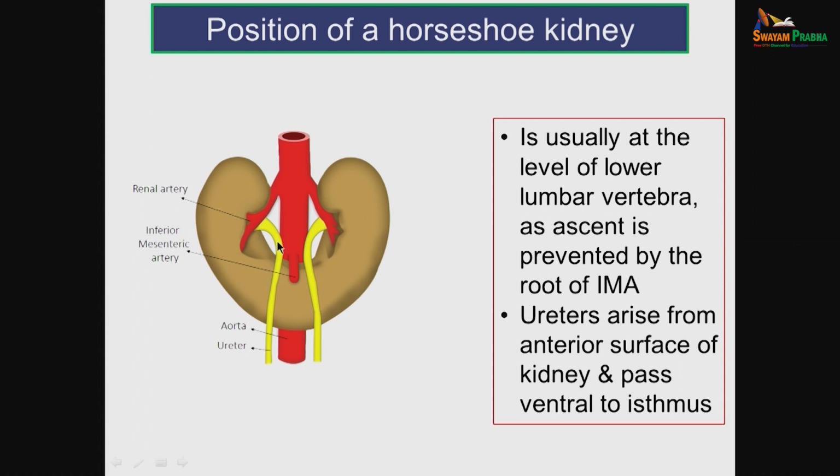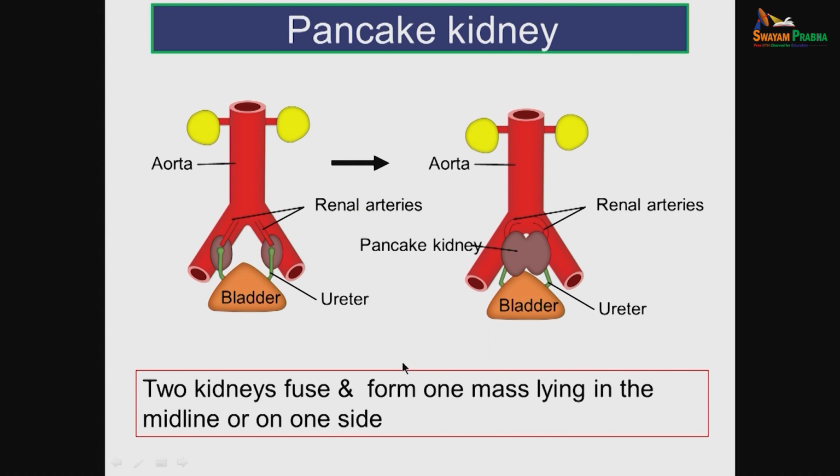You can see the ureters arising from the anterior surface of the kidney. Usually, they pass ventral to the isthmus. So, this is horseshoe kidney, where the inferior poles of the kidney are fused together. Next condition is pancake kidney.